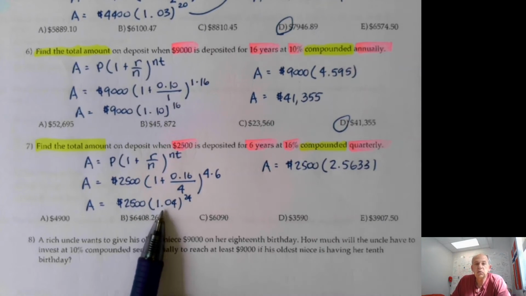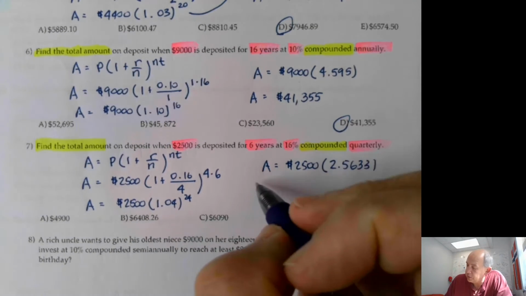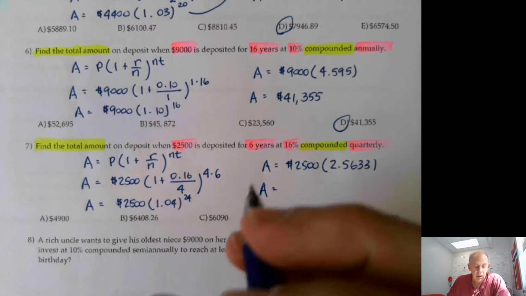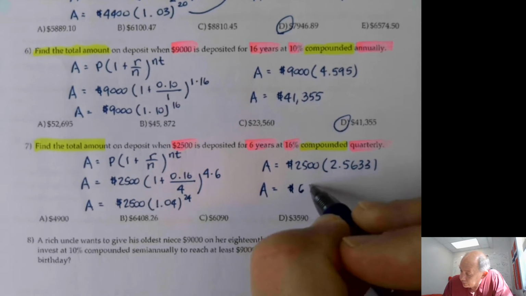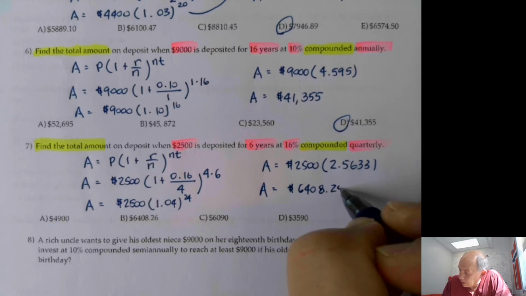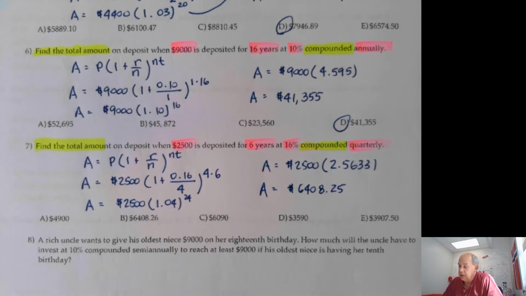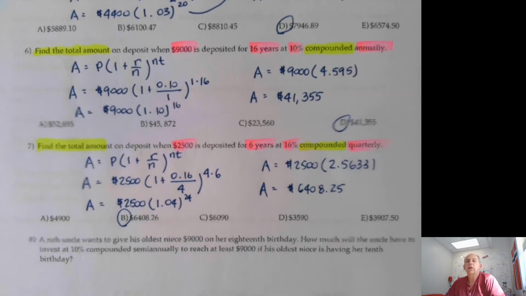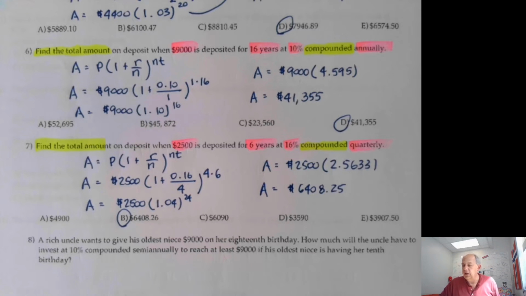That comes from this 1.04 raised to the 24th power. And then to finish this off, when I multiply these two guys together, I'm going to get $6,408.25. I was off a penny with my rounding. I would choose choice B. None of the other values are even close.